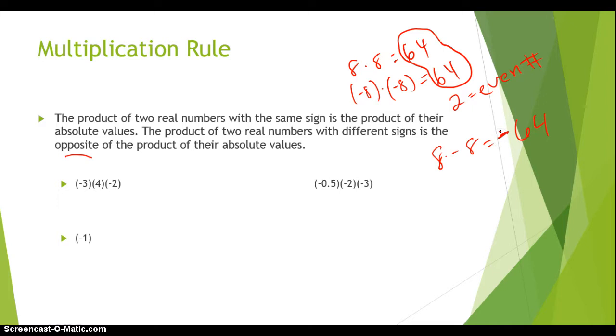Opposites coming back in since chapter 2.1, the word opposite, dealing with the real number line. So even if we had negative 8 times 8, we have one negative. The product of two real numbers with different signs. We have different signs here, so their product is 64, but it's the opposite of their absolute value, which is negative 64.